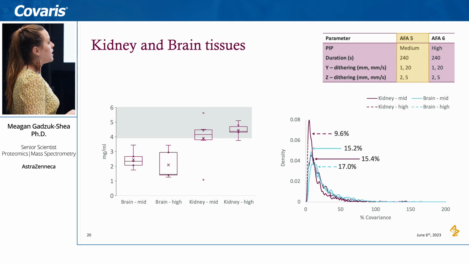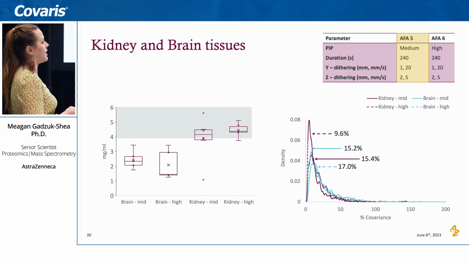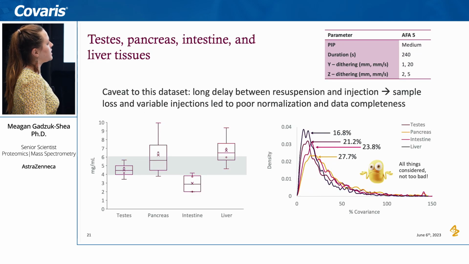And we also see that for all of the treatments that we tested, we're within that threshold of covariance that we want to see at the mass spec level. And so we decided to move forward with AFA 5 to test on different tissues.